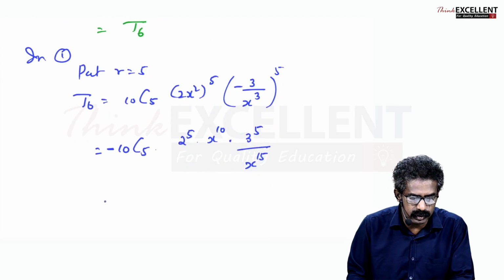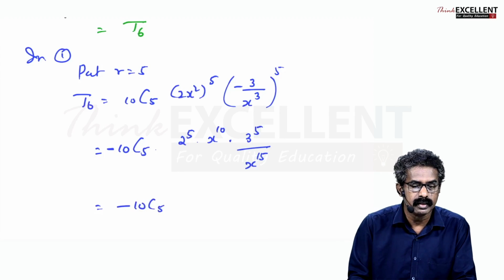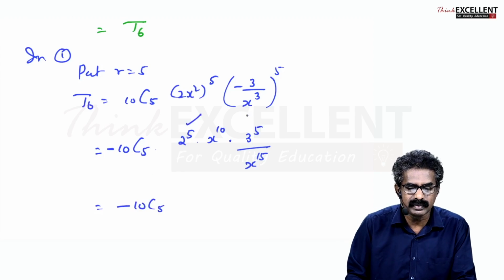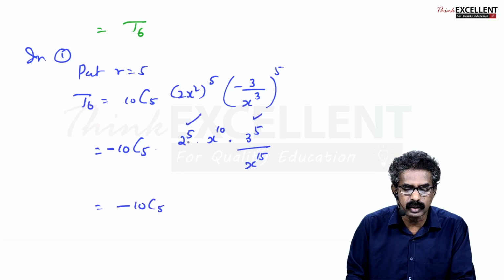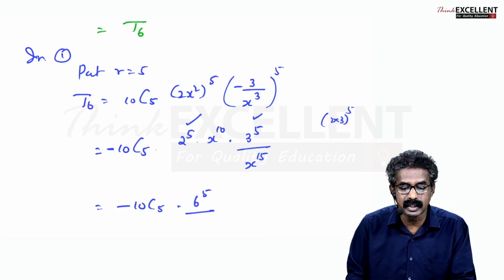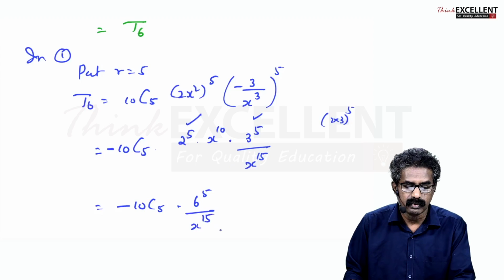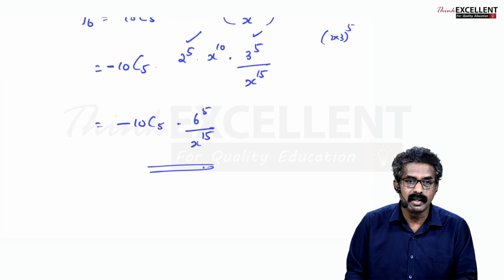So lengthy calculation, so just we leave it, minus 10c5, these two you can combine. 2 raised to 5 means 32, you can do that. 2 raised to 5, 3 raised to 5 can be written as 2 into 3 raised to 5, right? 2 3s are 6, so you can write it as 6 raised to 5 divided by x raised to 10, denominator x raised to 15, so you'll get x raised to 15 as the denominator, and this is the only one middle term.